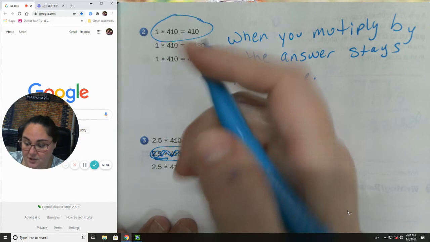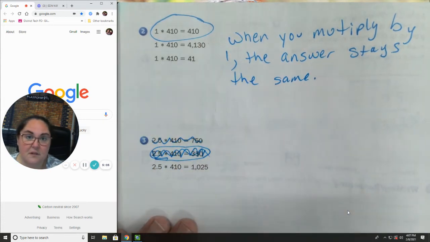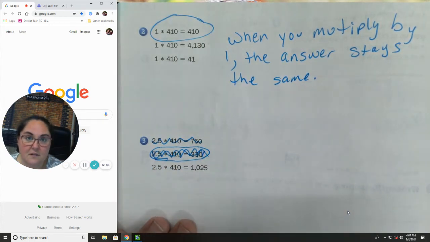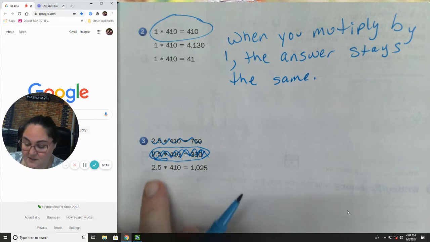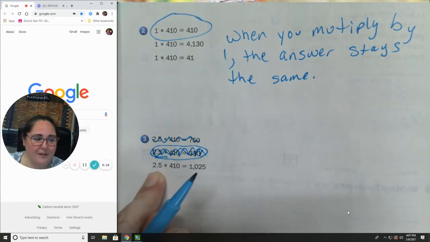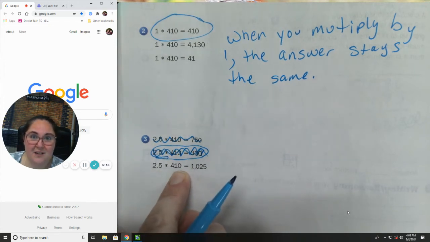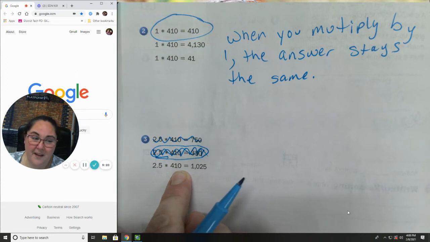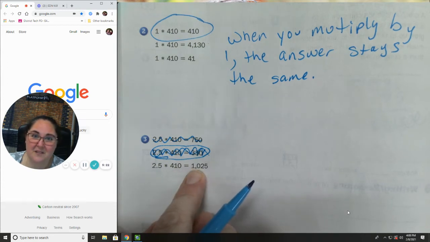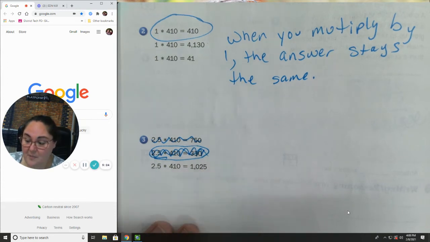So my answer should be more than 2. My first number, 2.5, is really close to 3. So if I were to multiply 3 times 400 and estimate, my answer is going to be close to 1,200, right? So I'm going to use that.